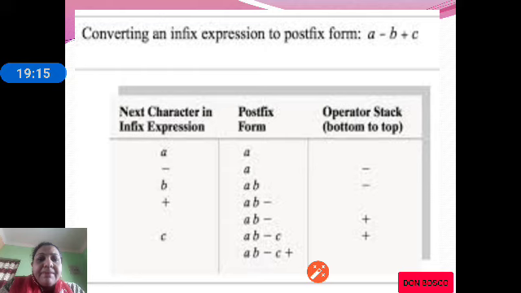Next comes plus. As plus has equal precedence, we will pop minus and then we will push plus. Then C is the operand, we put it onto the postfix string, then we pop plus, so that we get AB minus C plus.